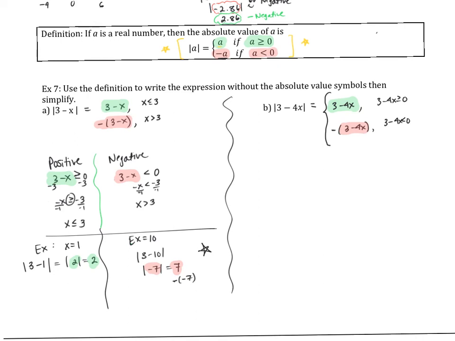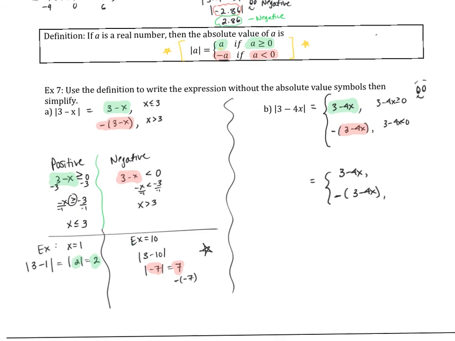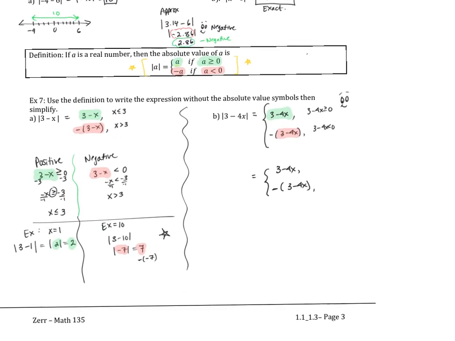Okay, and then you can just simplify those inequalities. So we have two answers, two things that can happen. It's either the same as the input or the opposite. Okay, but let's just simplify that inequality just a tiny bit here. So what do we have? 3 minus 4x greater than or equal to 0, subtracting 3 from both sides, and dividing through by a -4, flip your direction, so it would be less than or equal to 3/4.